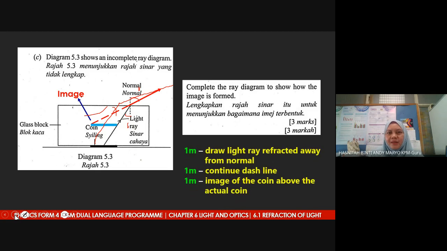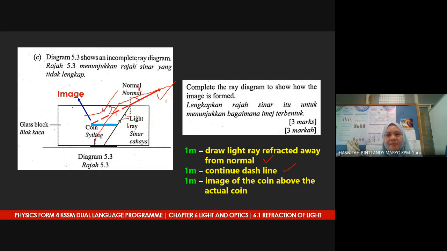So these are the tips for drawing the diagram. It is 3 marks. How to determine the 3 marks? First, you draw a light ray refracted away from the normal. When you show this, you get the first mark. Then continue the dash line from the refracted ray. This is your second mark.